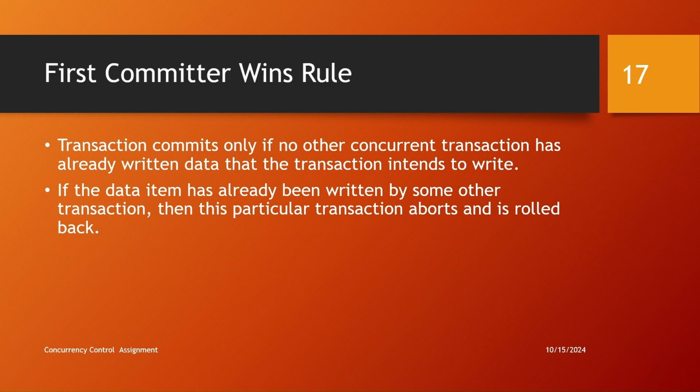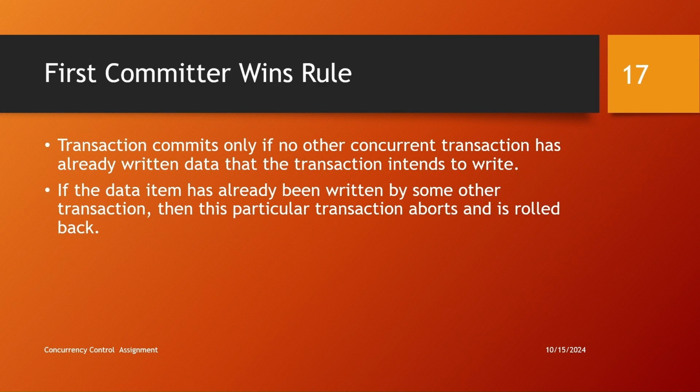In this case, we generally follow the first committer wins rule. That is, under SI, the first committer wins rule applies. If two or more concurrent transactions try to write to the same data item, the one that commits first wins, and the other transactions are rolled back.